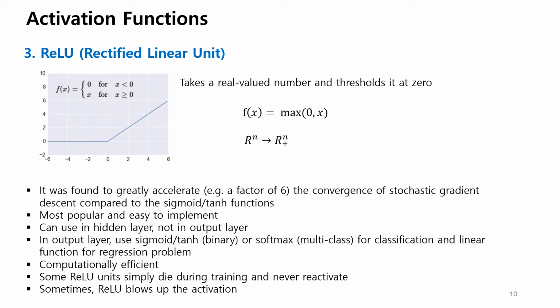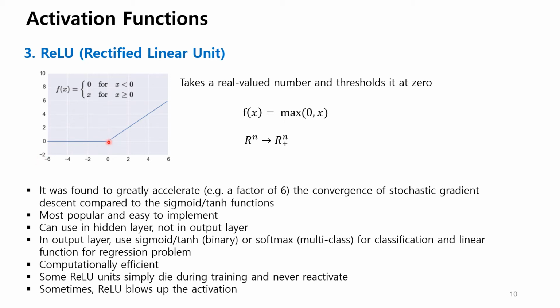The next activation function is ReLU, R-E-L-U. It stands for rectified linear unit. Actually, ReLU is one of the most popular activation functions in deep learning. This is the shape of ReLU. As you can see here, this ReLU function is very simple.